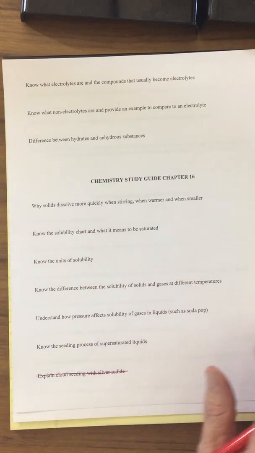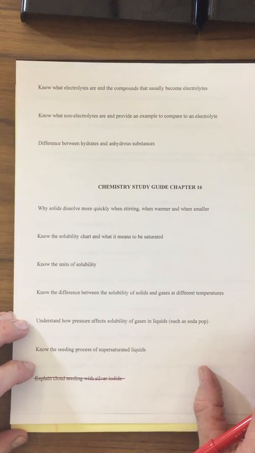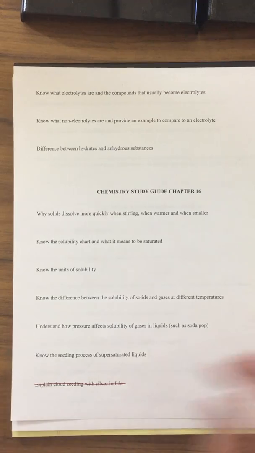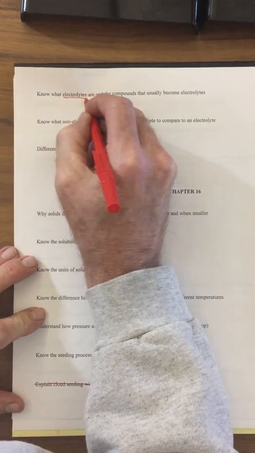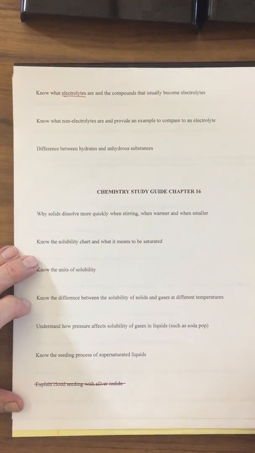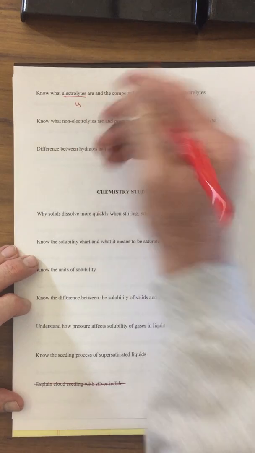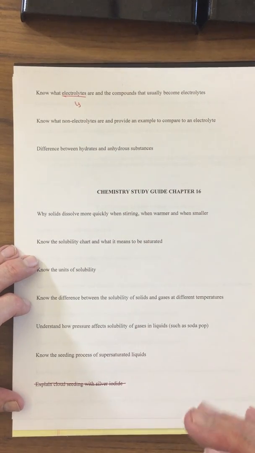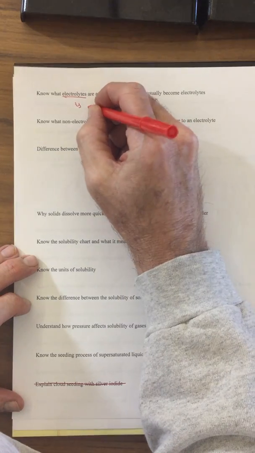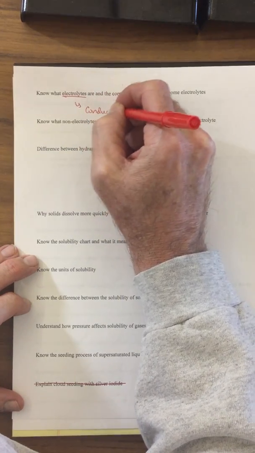Know what electrolytes are. Electrolytes conduct electricity. If you remember, we used the beepers as well as the lights to show that electricity was being conducted. Just like your body needs electrolytes so that your nerves can have those electrical impulses.